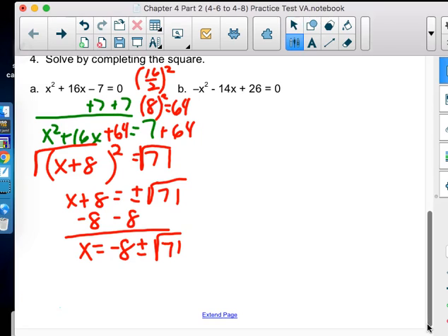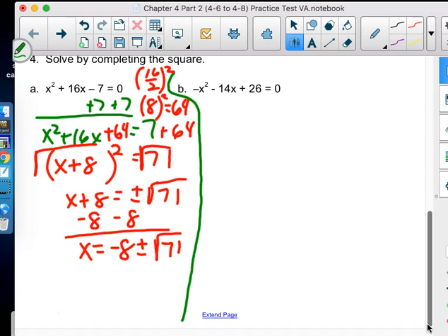But b is not ready for completing the square. What's wrong with it? Doesn't have what, Simon? It has a negative in the front. That is bad.